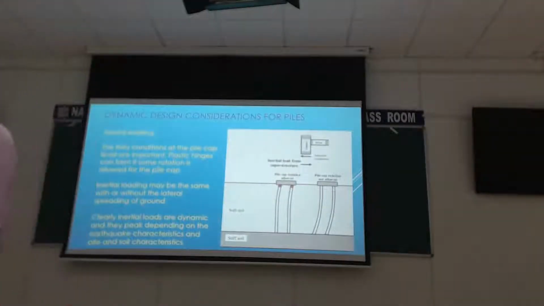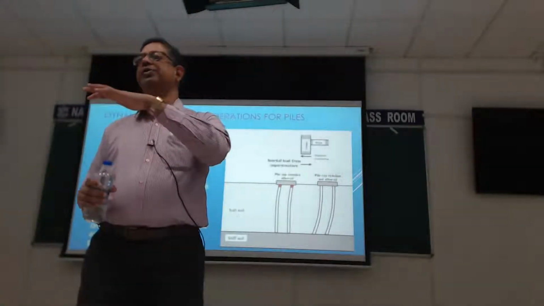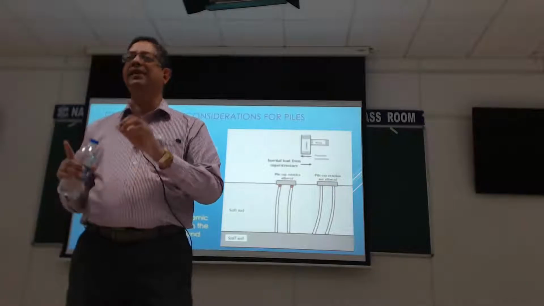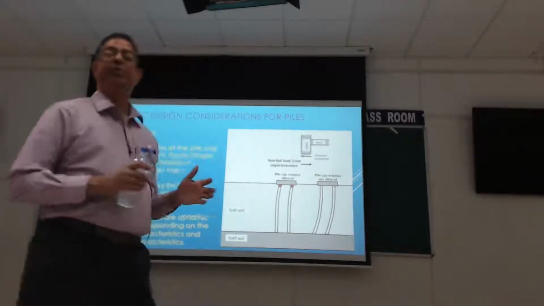So, inertial, the 2-3 things we quickly learned here are that the inertial loads are coming from the superstructure, but it's very important to know how these inertial loads are transferred onto the pile cap and therefore the piles, and what is the condition in which the pile cap will find itself.